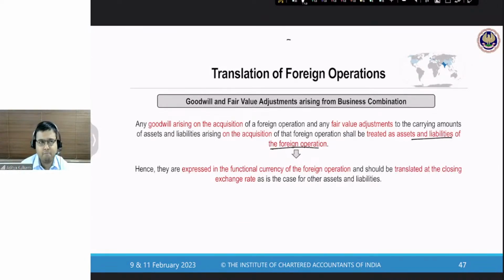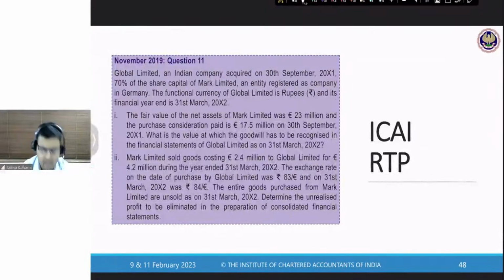Since they are expressed in the foreign currency, you will have to convert them to the functional currency, translated at the exchange rate, as is the case for other assets and liabilities. Which exchange rate? Closing exchange rate. All assets and liabilities you translate at the closing rate. Similarly, even the goodwill on consolidation, you will translate at the closing exchange rate. That is everything you have to know about consolidation also.